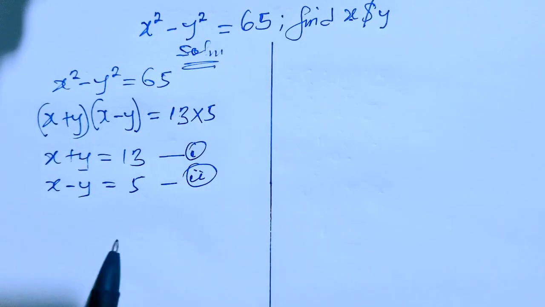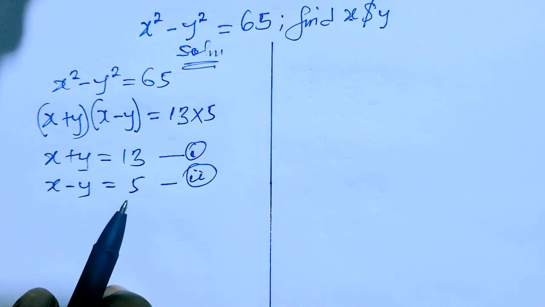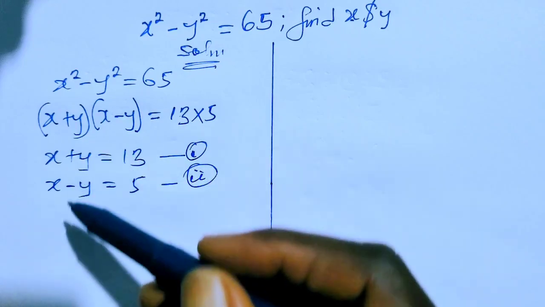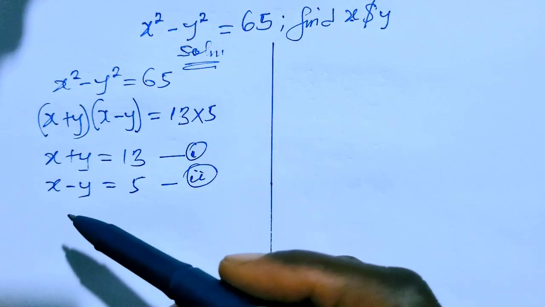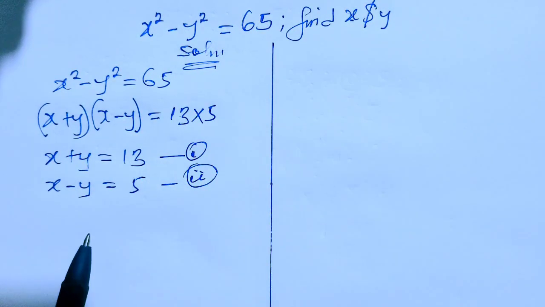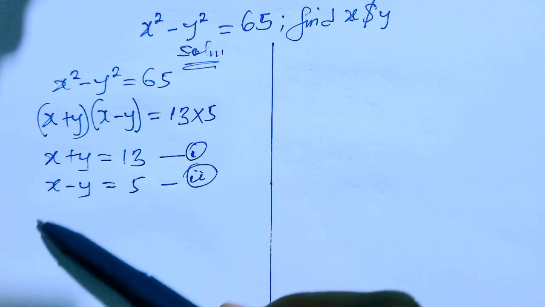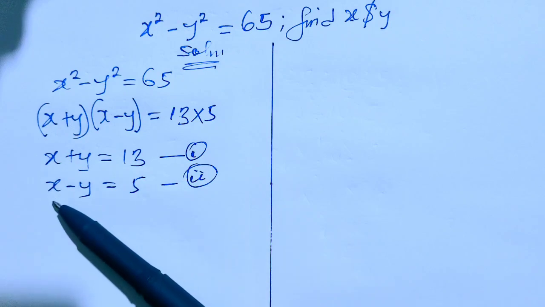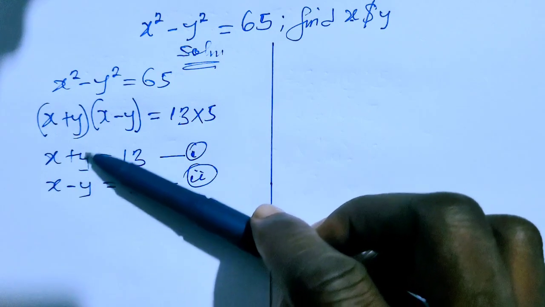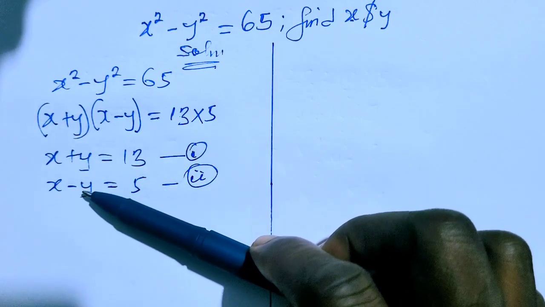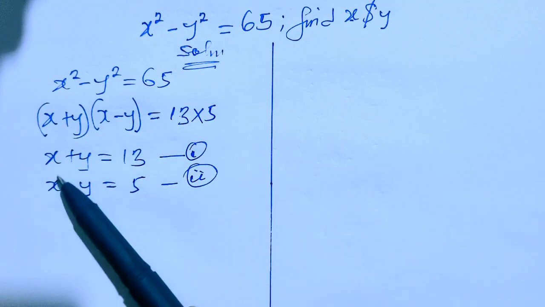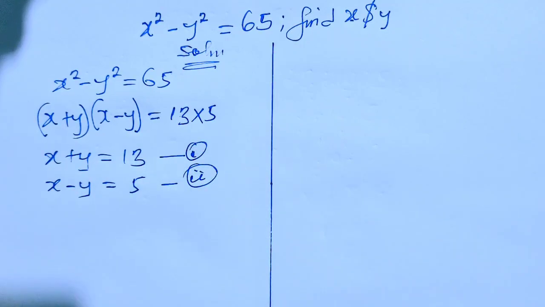With this, we have gotten a simultaneous equation. Therefore, we are going to solve these two equations simultaneously now to obtain the value of x and y. To get the value of x, we are going to use the elimination method. We are going to eliminate y in this case by adding equation 1 and 2 together.